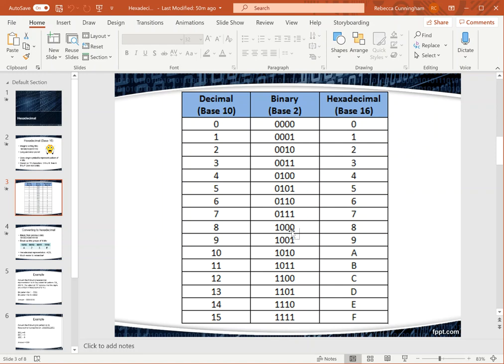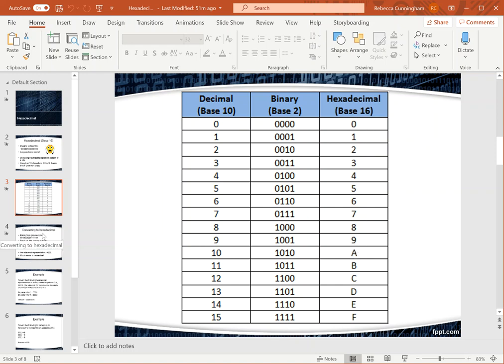Think about having 16 digits or even 12 that we had to string together. We'll probably make a mistake. So hexadecimal, or base 16, is used to represent these bit patterns so we don't have to write them out. If I'm talking about the bit pattern 1010, then I can use the shorthand capital letter A to represent that.